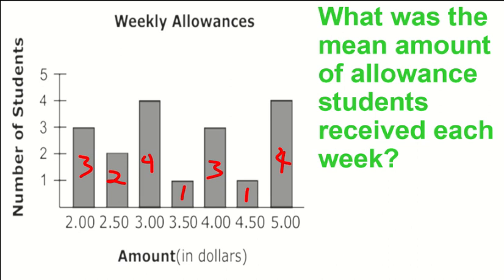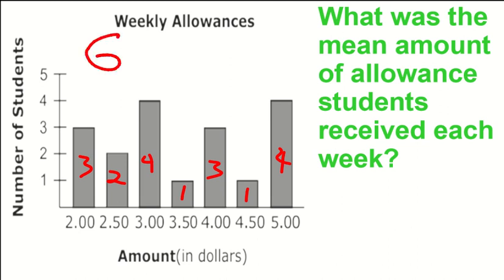Aiden, what do you get? 3.5 is correct. It'd be $3.50 money. So we got to put the 0 on the end of that. When you're adding them, like I said, you would do 2 plus 2 plus 2 plus 2.5 plus 2.5, adding them all together.